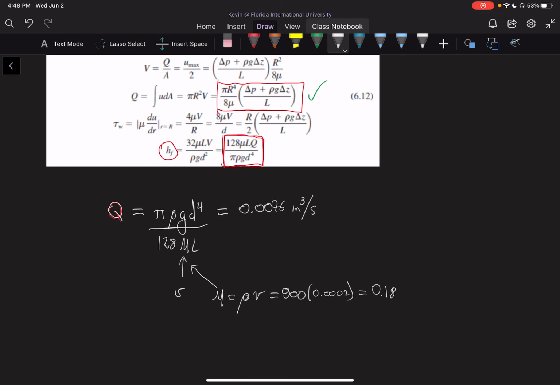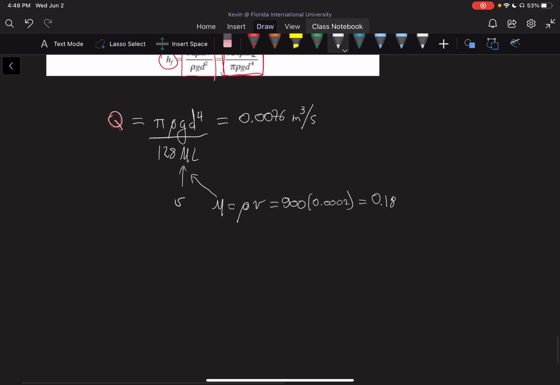Now the great thing with this second equation is that we can use it for Q, but we can also use it for velocity if we're given velocity as opposed to Q. Now that we have our Q, we can find velocity very easily. For part D, we're asked to find velocity.